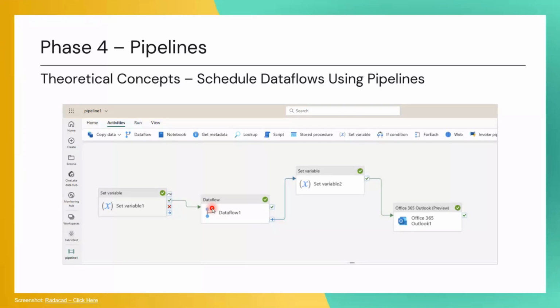If you decide in your setup to go with stored procedures, with notebooks, with copy data activities, you will also be able to trigger them within pipelines. And pipelines can then be scheduled, as data flows can, on a daily, weekly basis, and also be triggered manually.